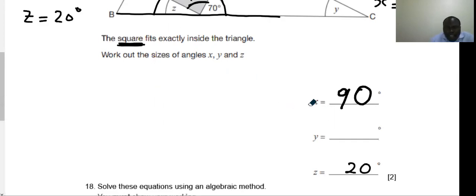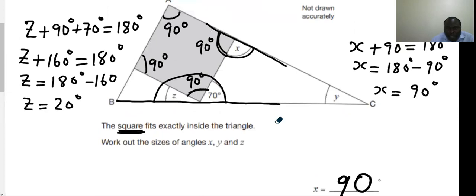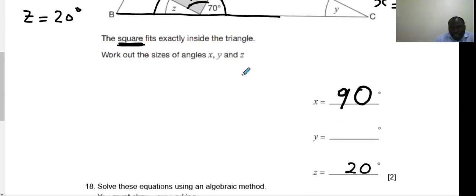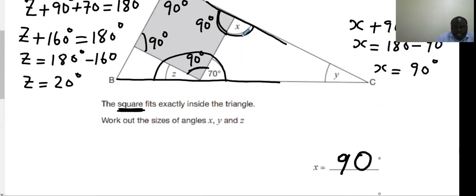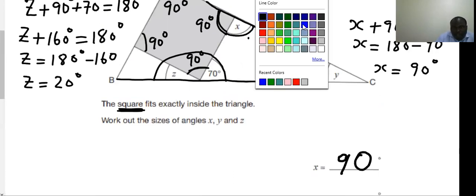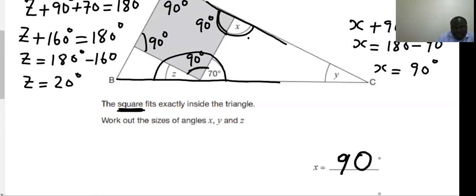Can I get y? Why not? We can get y. How? We already got x is 90. Let me change color to make some stuff a little bit interesting.